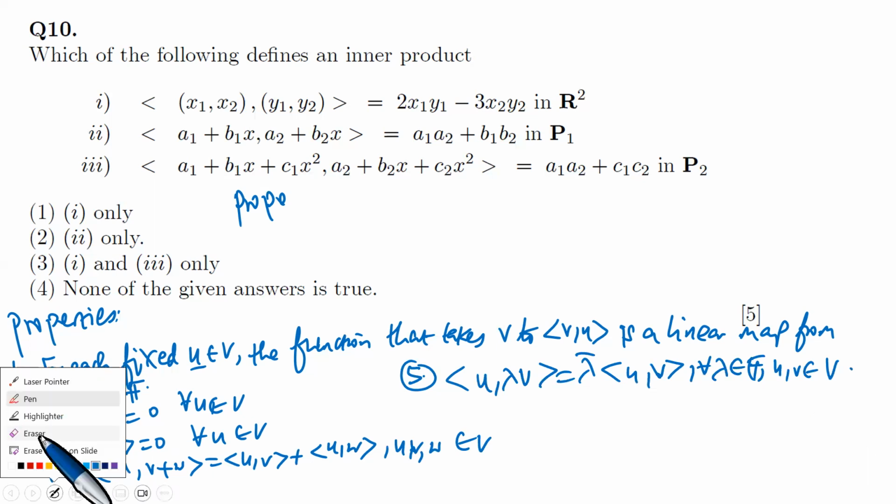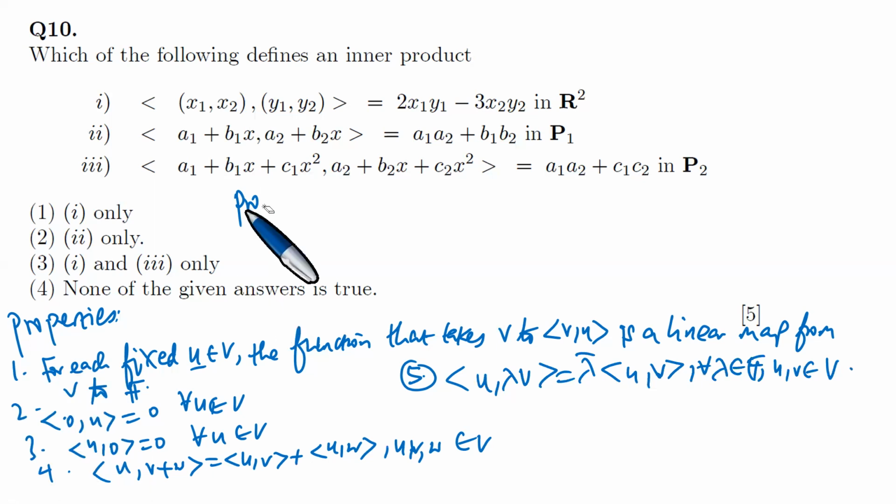So which of the following defines an inner product? You need to look and think, and here's the answer to that one.